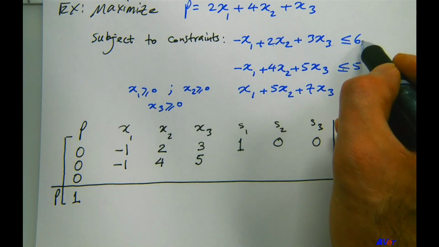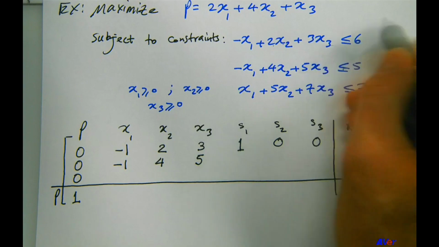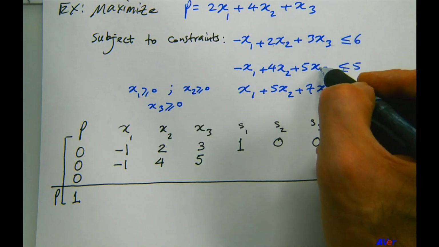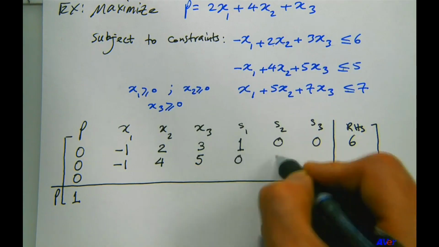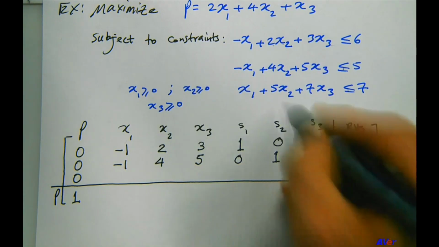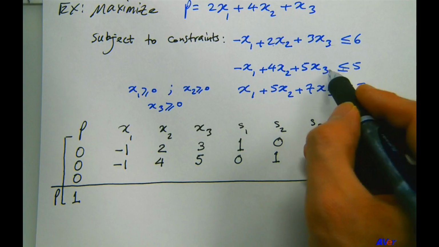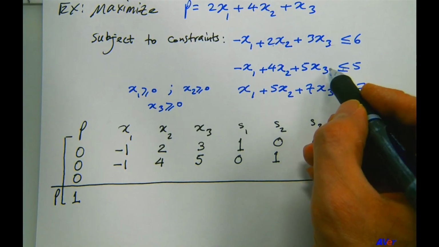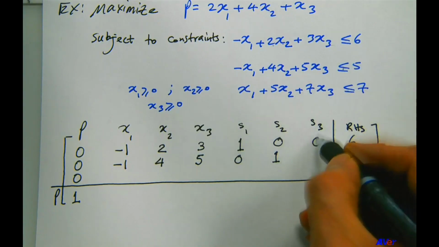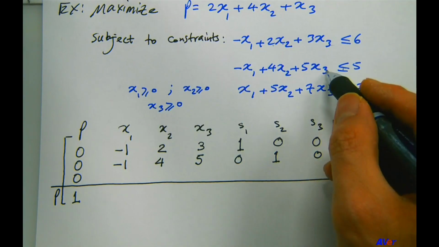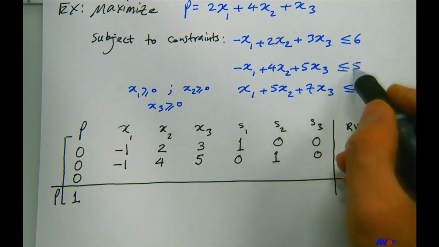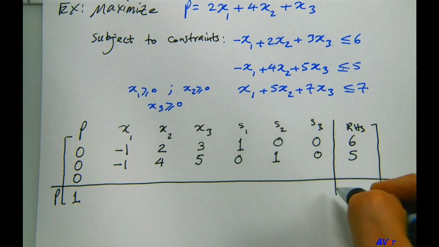So we need to introduce a new slack variable, S2, so 0 here and a 1 here. We introduce S2 to convert this second inequality to an equality. And S3 is 0, because there's no need for it here. And then 5 is going to be in the right-hand side column.